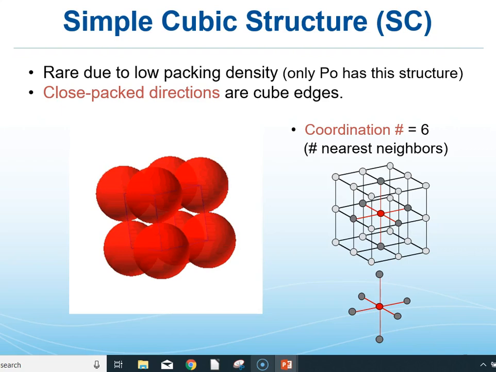It's surrounded by 6. So it has a coordination number of 6, 1 surrounded by 6. Obviously, the lower the coordination number, the more void space there's going to be. The less of the volume of that unit cell is being taken up by atoms, and the more by space between them.